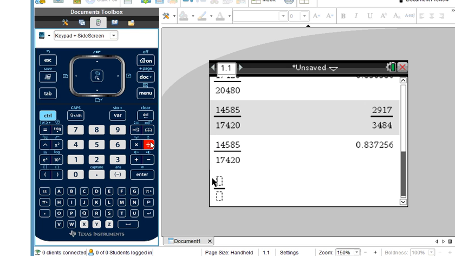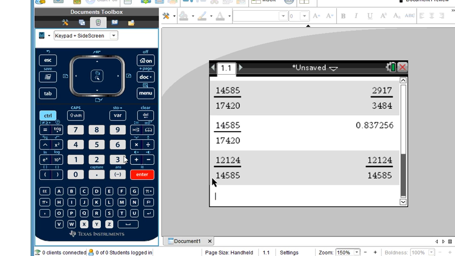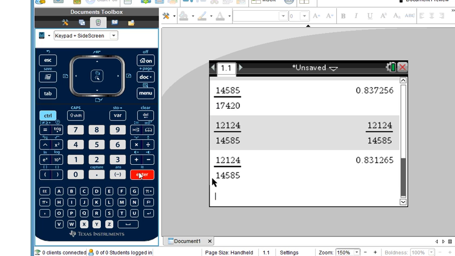And the last one we're going to look at is the final value here, year 5, 12,124, divided by 14,585. And we get that fraction, we get 0.83.